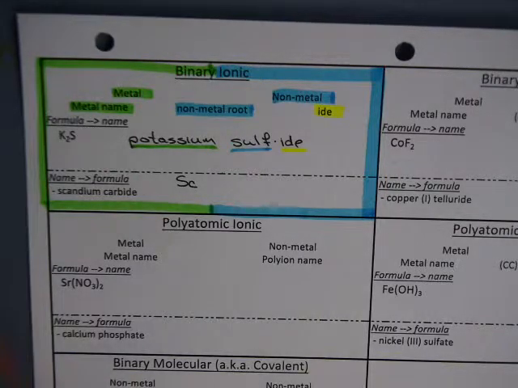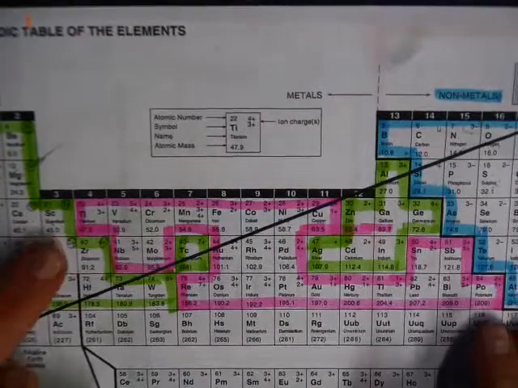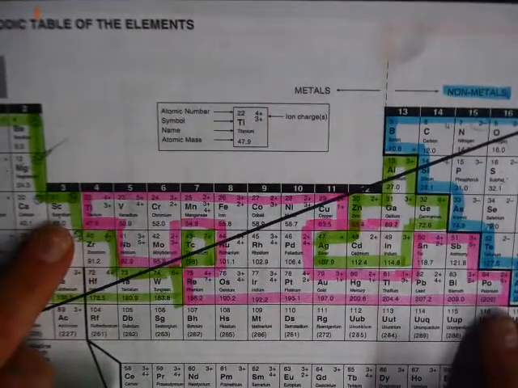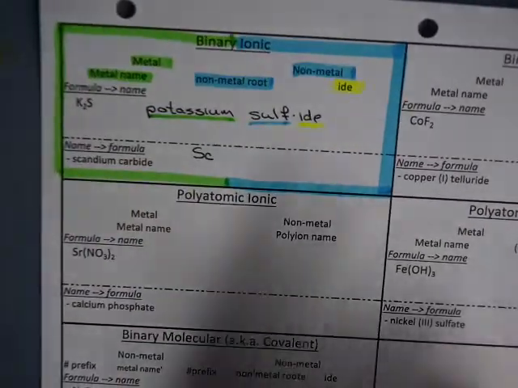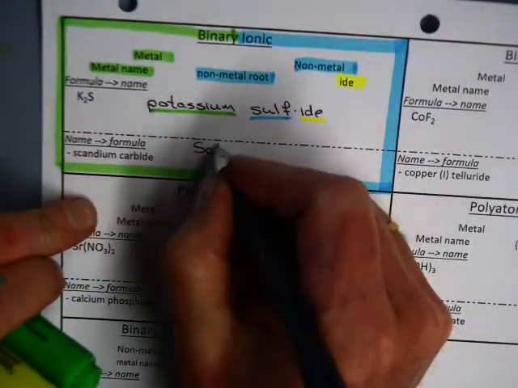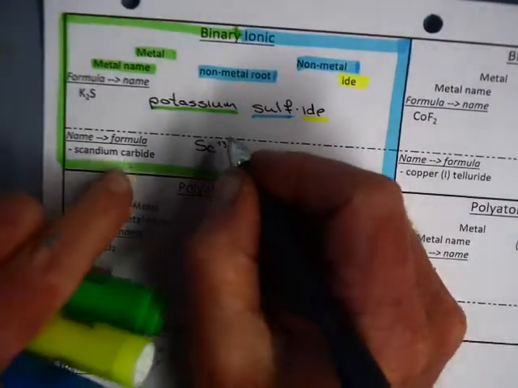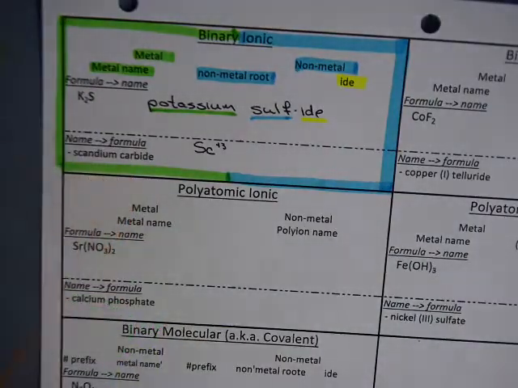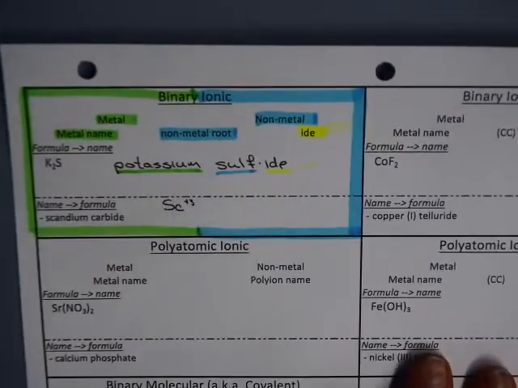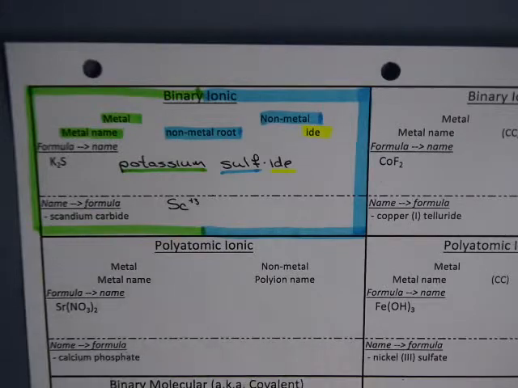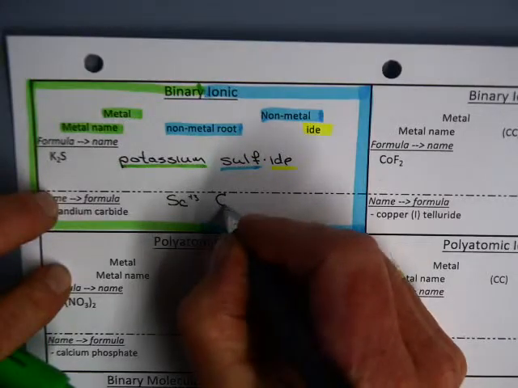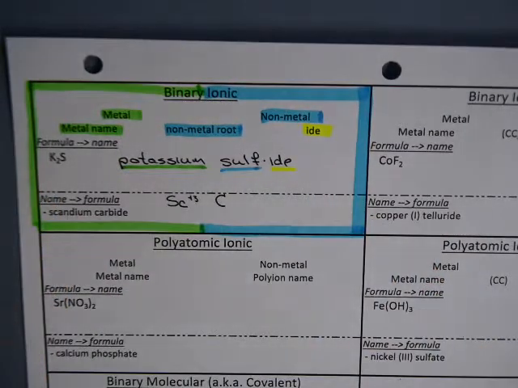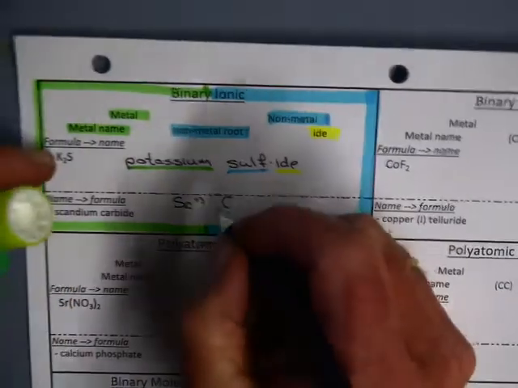So I go to my periodic table, I find scandium is right there, combining capacity is 3, so this is plus 3. Carbon, the symbol is going to be a capital C, and carbon is 4.